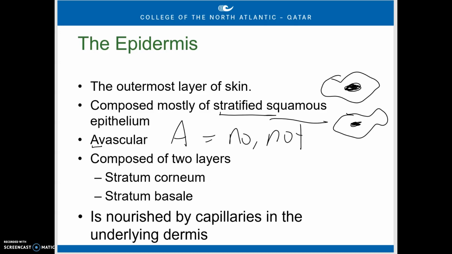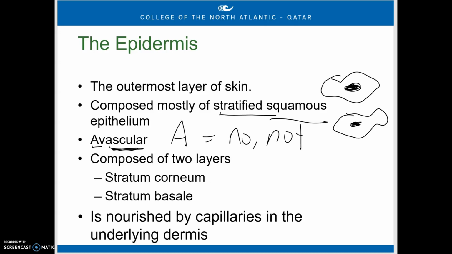So asexual, for example, means not sexual. Avascular, vascular usually refers to the cardiovascular system. So when we're talking about vascular, we're talking usually about blood vessels, so capillaries, arteries, and veins. So avascular means there's no blood supply to the epidermis.